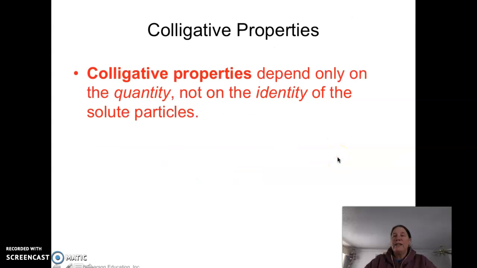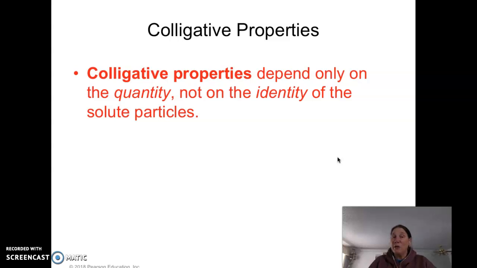Okay? All right, the next thing we're going to talk about when you talk about solutions is something called colligative properties. When you have a solution, you have interactions in there between the solute and the solvent. When you have colligative properties, what happens is you mess with those. It's just like when we get a lot of ice and we throw salt on it and it gets rid of the ice. What you're doing is you're messing with the interactions in the water.